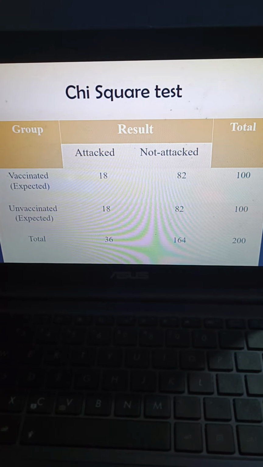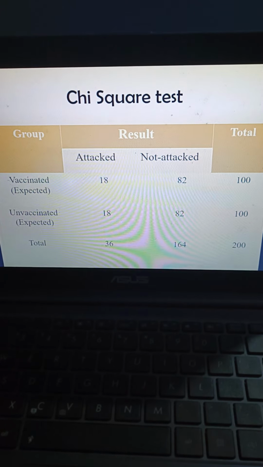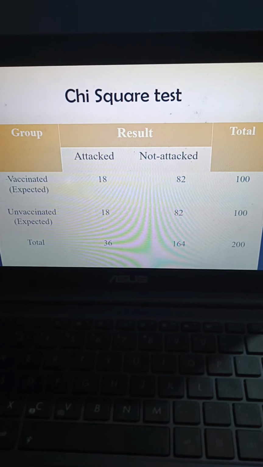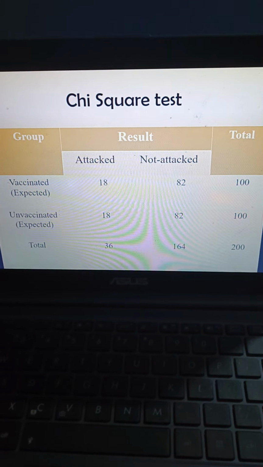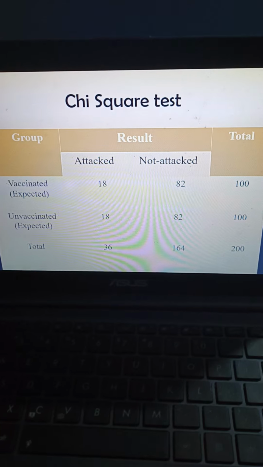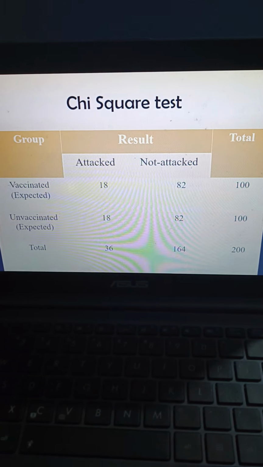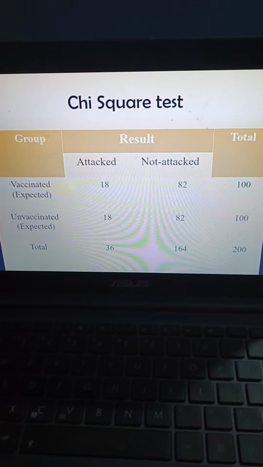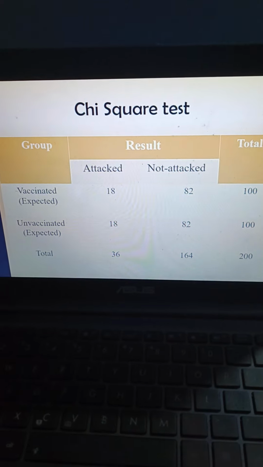Then these are the expected values for the vaccinated and unvaccinated groups. Attacked in vaccinated is 18, attacked in unvaccinated is 18, not attacked in vaccinated is 82, not attacked in unvaccinated is 82, total is 100, and total attacked is 36, total non-attacked is 164.